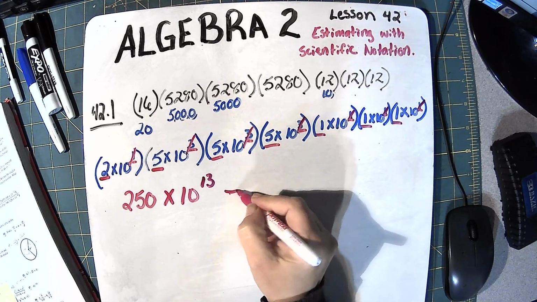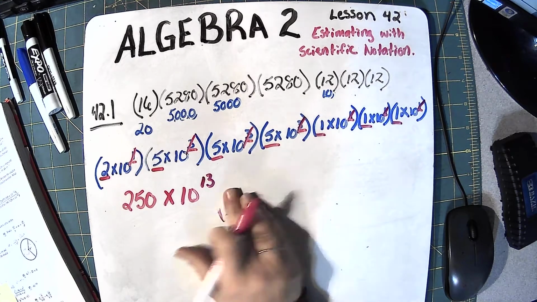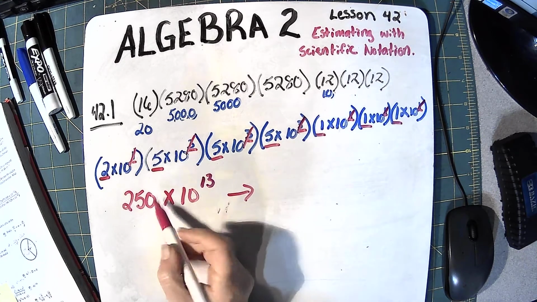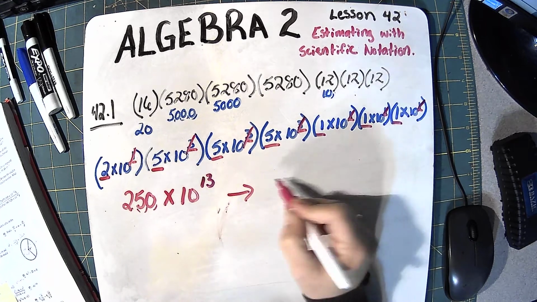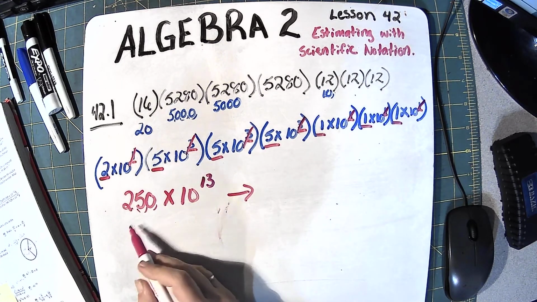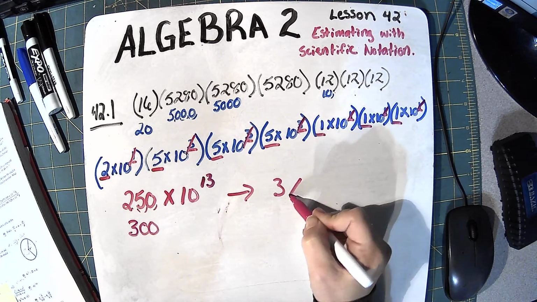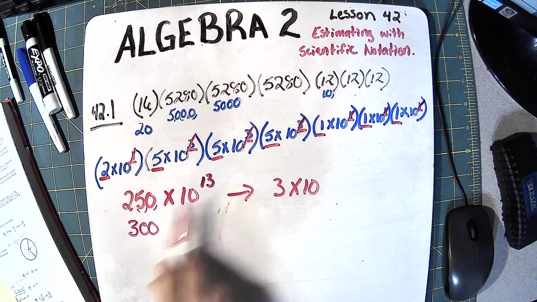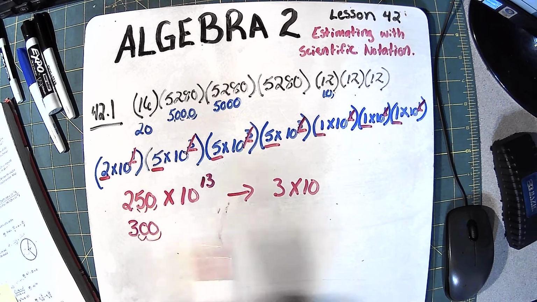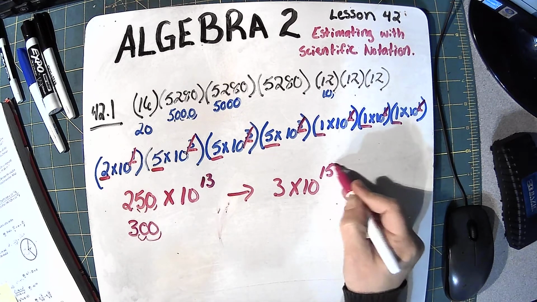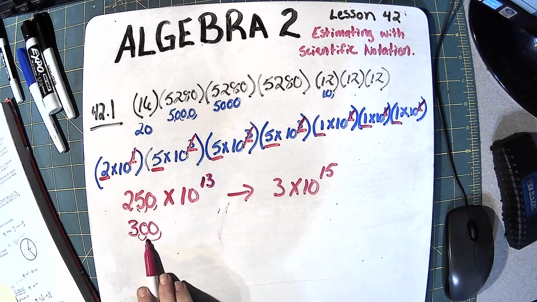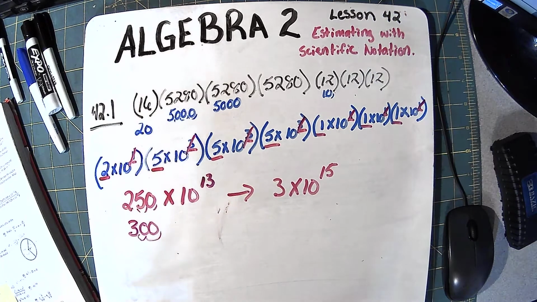That's not in real scientific notation, so we're going to fix that. We have to move this 1, 2 more. So we're just going to round that to 300. We're going to say it's about 3 times 10 to the, if we moved it back 1, 2, it would be to the 15th. 13 plus 2 more spaces makes 15. So our estimate is 3 times 10 to the 15th.